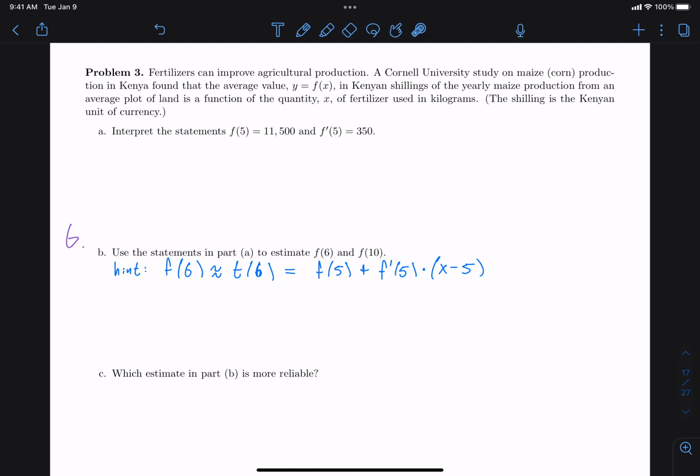F of X equals 6. Oh yeah, you're right. Wait, I did this one. Hold on. Okay, never mind. I'm skipping.